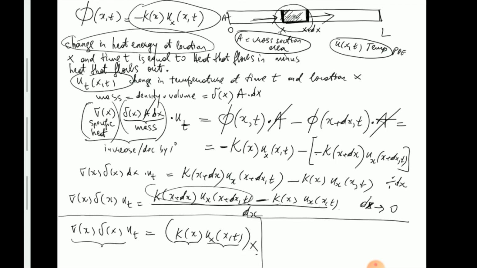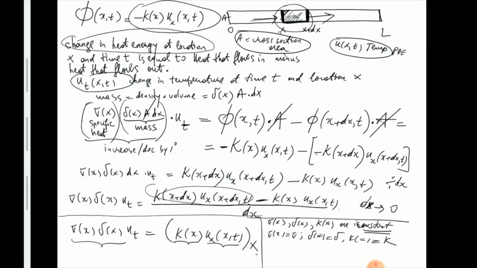Because it's still too complicated to solve in the beginning, now we make other simplifying assumptions. We're going to assume that the specific heat, the density, and finally the conduction term are constant, independent of the location. So sigma of x is equal to sigma, delta of x is equal to delta, k of x is equal to k.